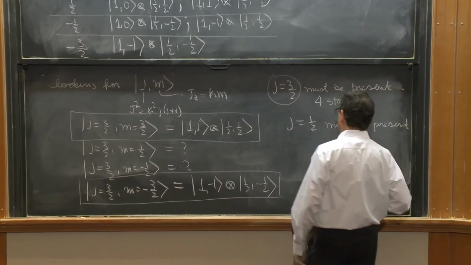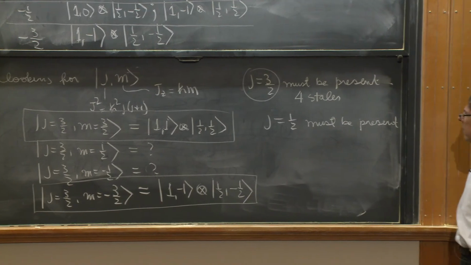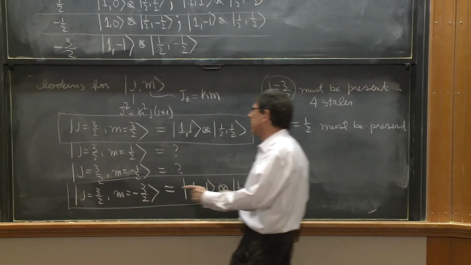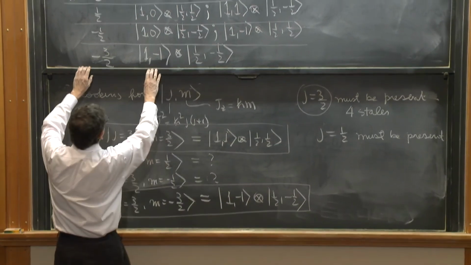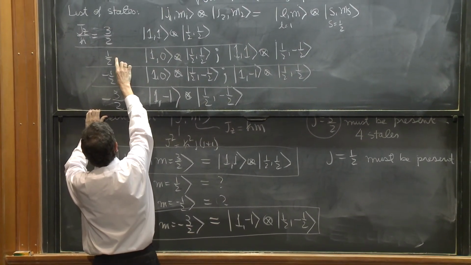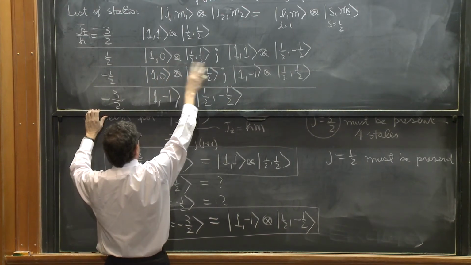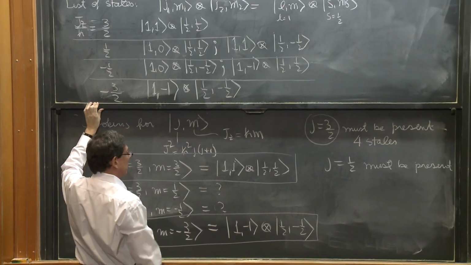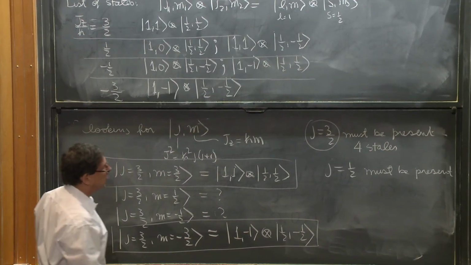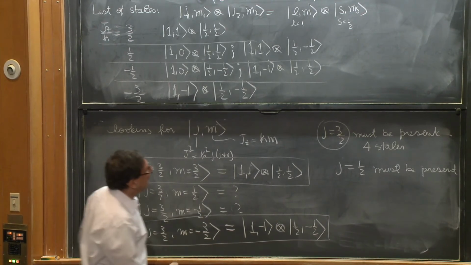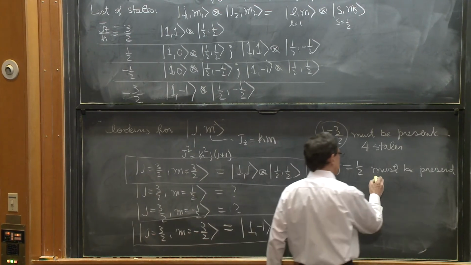You can say, well, how about 2 j equal to 0 multiplets? That's not possible, because we have 4 states with m eigenvalues that are either 1/2 or -1/2. So there are no states with 0 value of m, so j equal to 0 is not present. j equal to 1/2 is therefore present, and there are just 2 states.